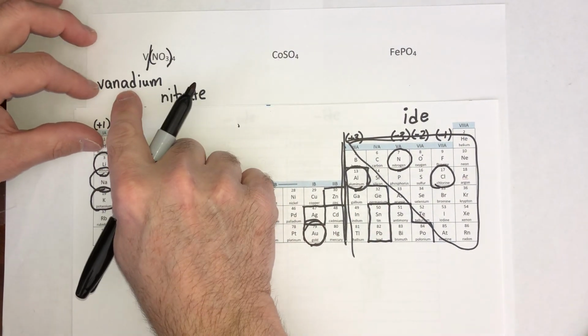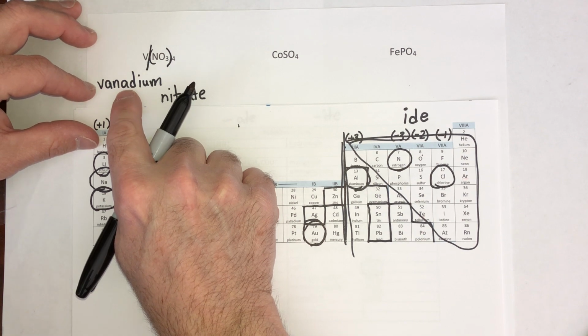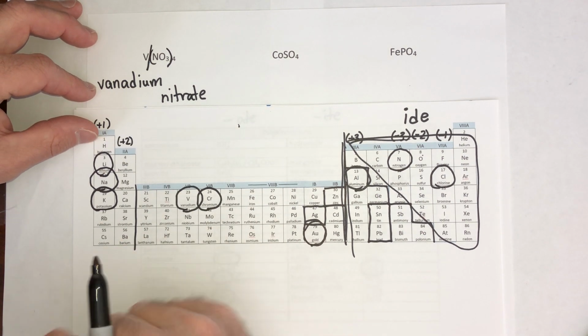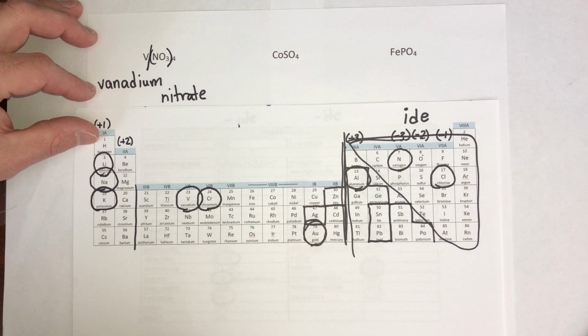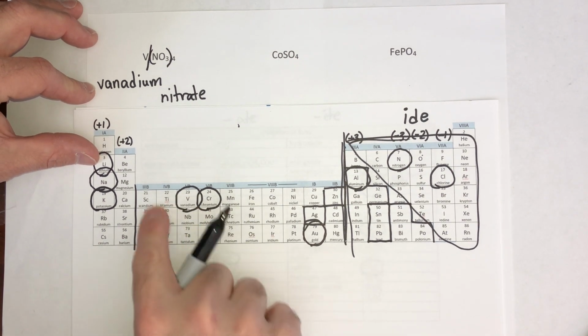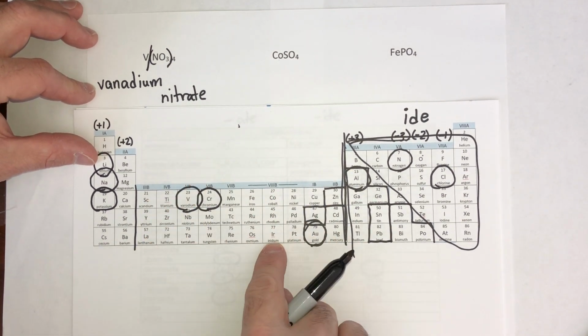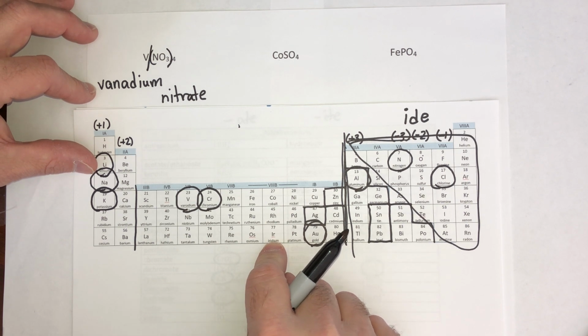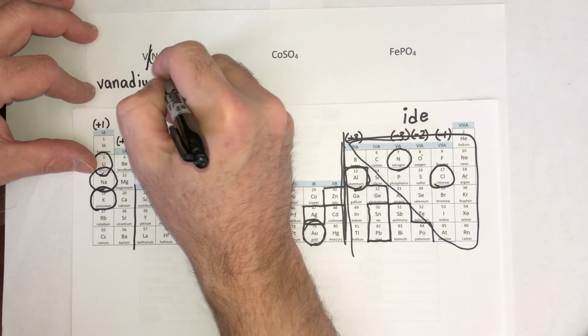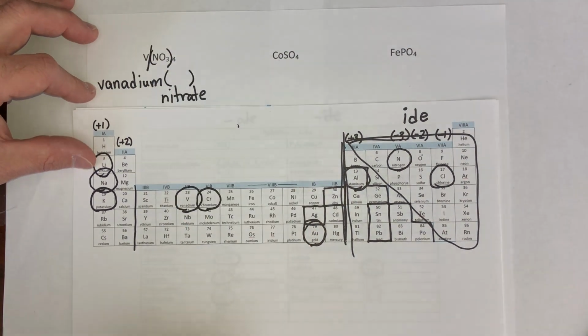Now, I interrupted myself talking about spelling and those sorts of issues. What I forgot to ask myself was, every time you write down your metal, you have to decide, do I need Roman numerals? And if you look at vanadium, vanadium is right here in the middle of the transition metals. If you're in the middle of the transition metals, you definitely need Roman numerals, and it's not one of the exceptions. So I am going to need Roman numerals.